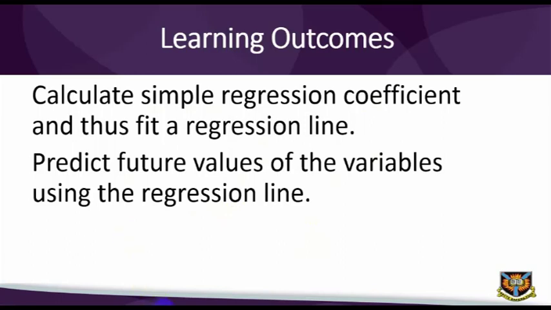Pretest. 1. In the straight line equation y = a + bx, we say: a, y depends on a; b, y depends on b; c, y depends on x; d, none of the above. 2. In the regression equation y = a + bx, a is called the: a, intercept; b, coefficient; c, predictor; d, none of the above. 3.